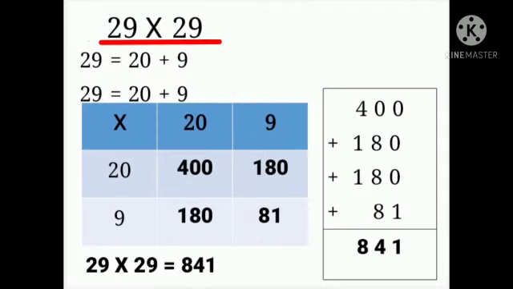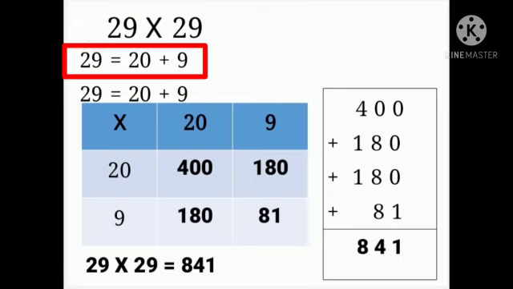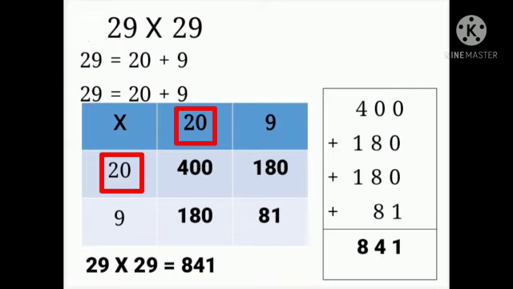Let's see next one. 29 multiplied by 29. Both the numbers are two-digit numbers. Both the numbers are same. So 29 is equal to 20 plus 9. We will arrange them and start multiplication. 20 multiplied by 20. We will write down both the zeros of 20.